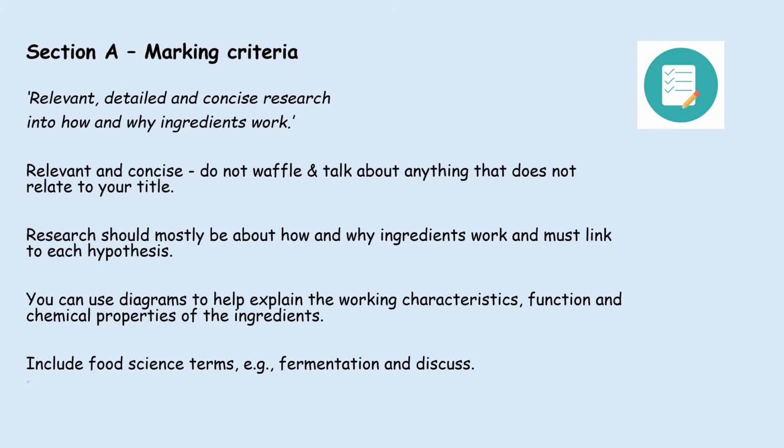You can use diagrams to help explain the working characteristics, functions and chemical properties of the ingredients. It's a good idea to annotate them as well, if possible. Also include food science terms, things like fermentation, and discuss what's meant by it.